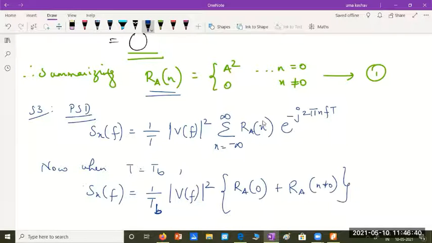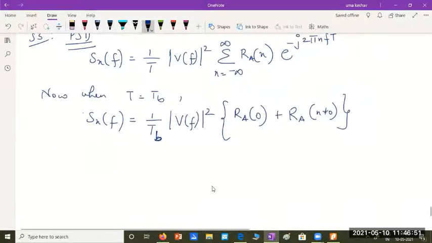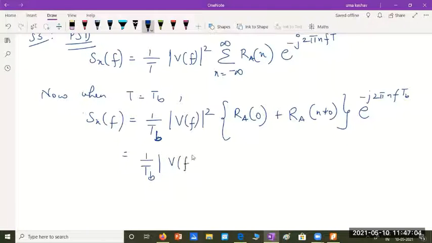Only two conditions I have in this whole thing. Yes or no? So we have to find this value in the summation. What would that be? Substitute the values. This would become a square.